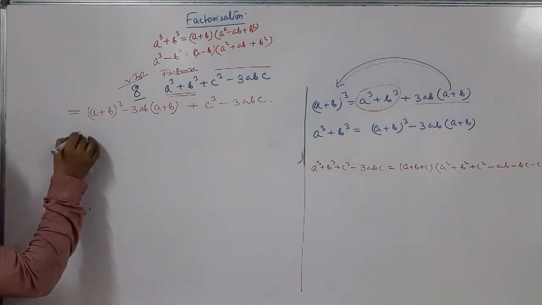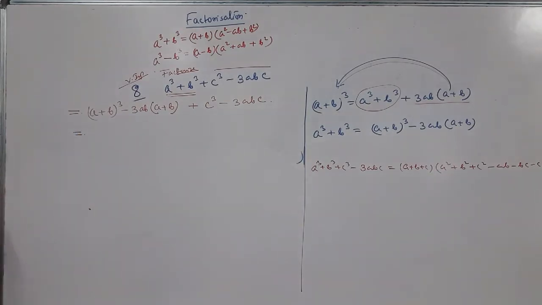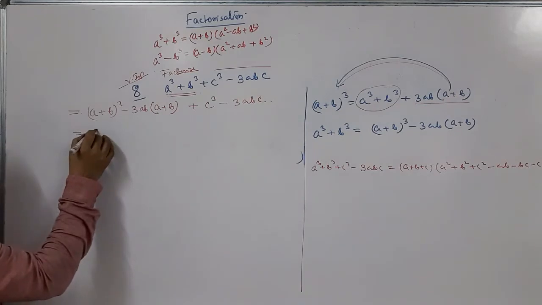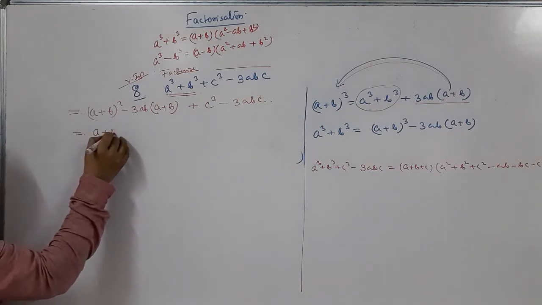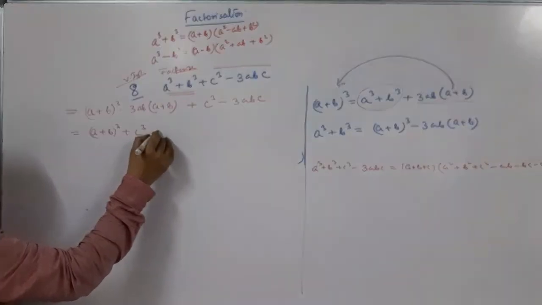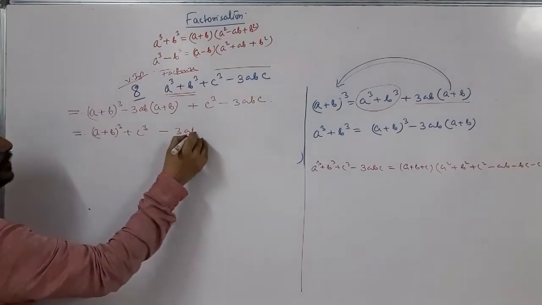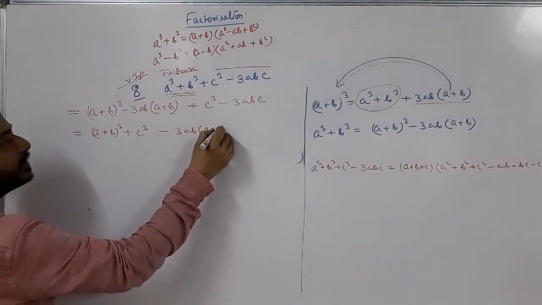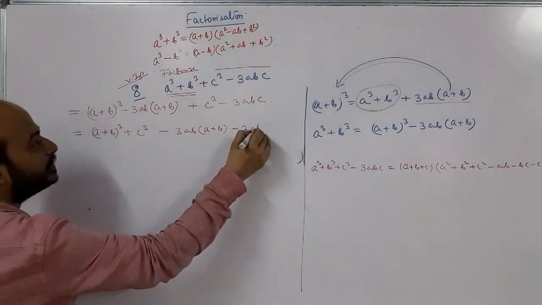Now, a plus b whole cube plus c cube minus 3ab bracket a plus b and minus 3abc.